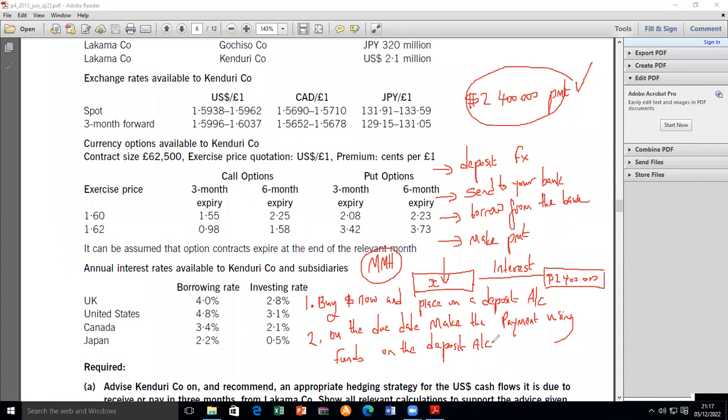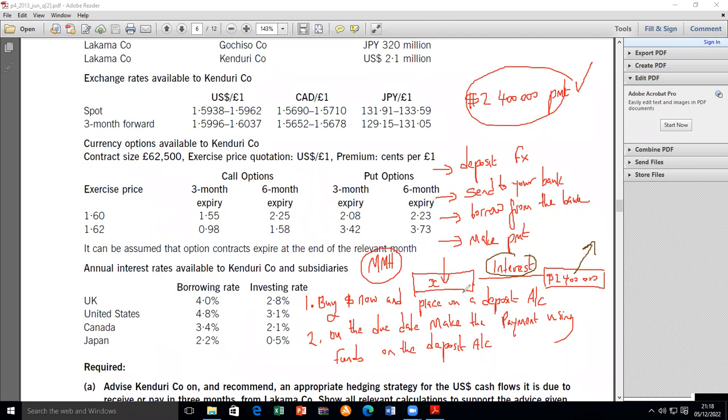That is the way I want you to approach this question. You go and buy the dollars today and put them in an account. And therefore, these dollars will be earning what? Interest. Yes, these dollars will be earning interest. On the final day, just make the payment.